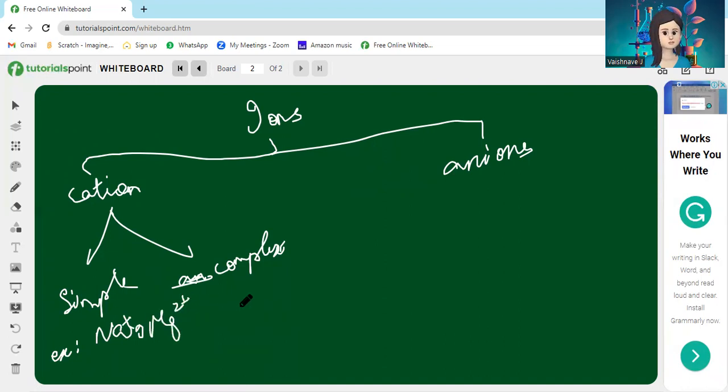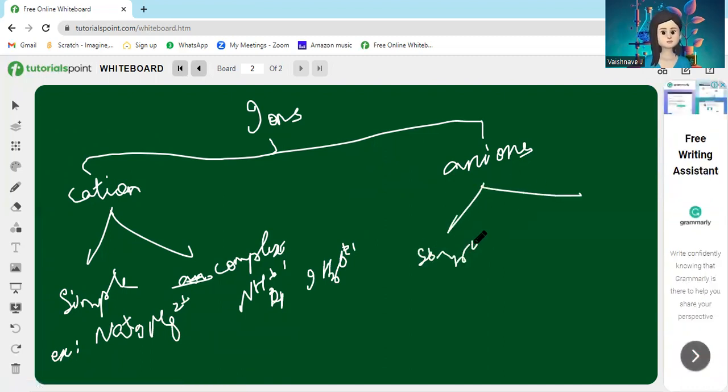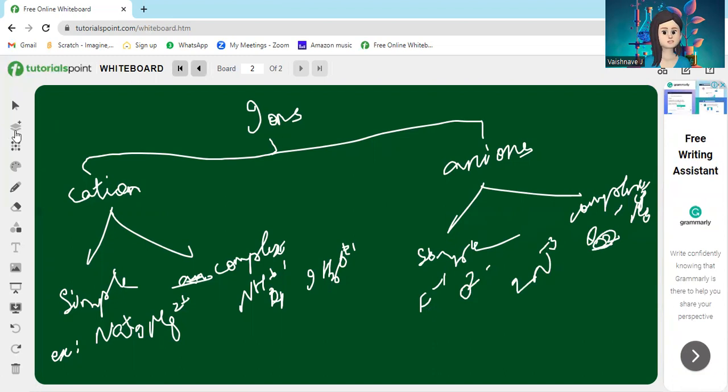Complex ions have two or more atoms, like NH4 plus or H3O plus. It's the same for anions: simple and complex. Examples are fluoride, O2 minus, and N3 minus.